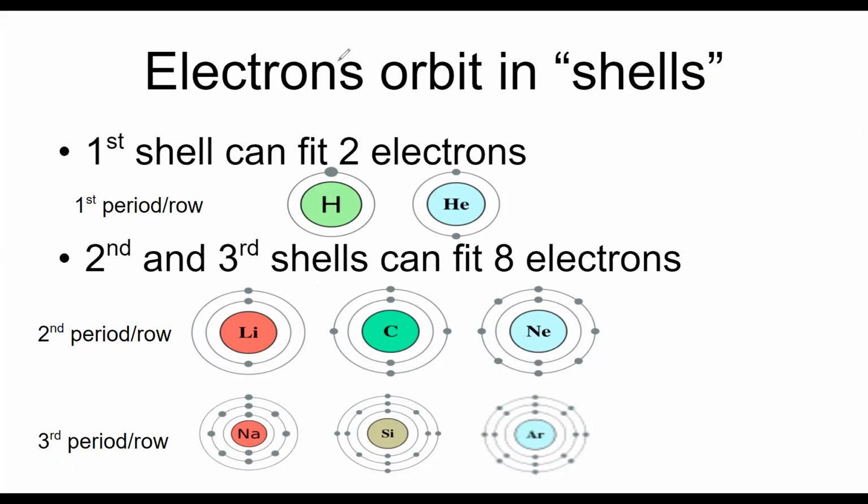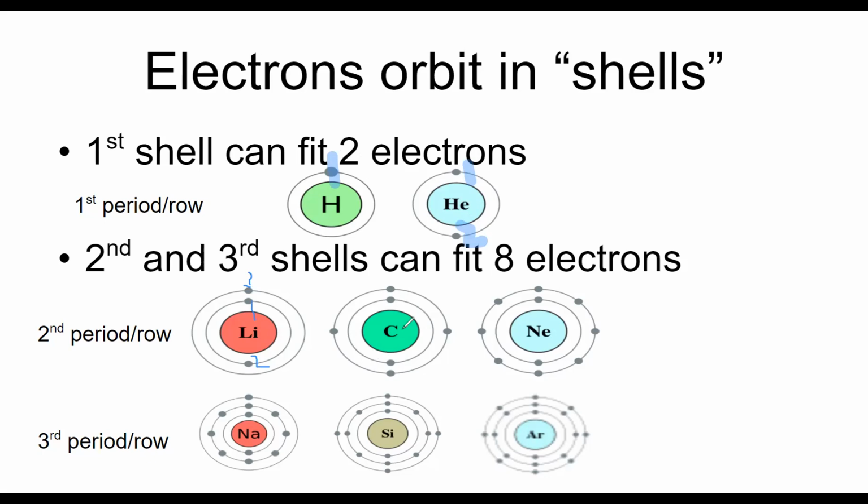All right, so hydrogen has 1 electron. Helium has 1, 2 electrons. Lithium has 1, 2, 3 electrons. And then we said carbon has 6 electrons.